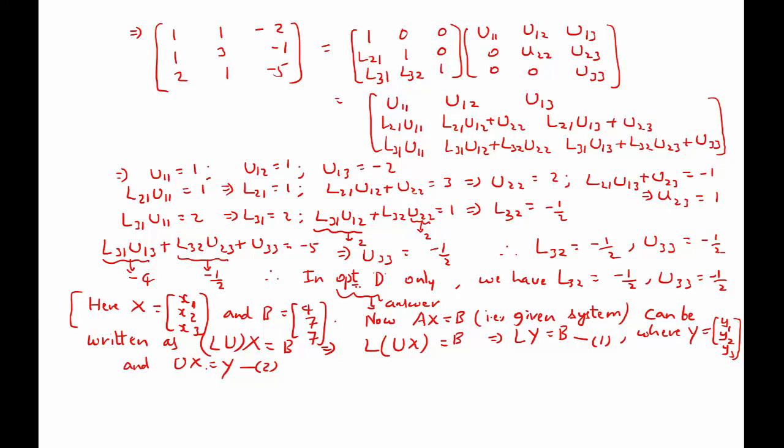So this is an upper triangular system of equations. So first solve equation 1, you will be getting Y1, Y2, Y3. And then substituting that Y1, Y2, Y3 in equation 2, converting to equation form, you will be getting X1, X2, X3 after solving.